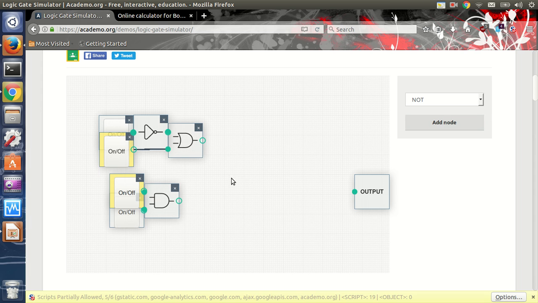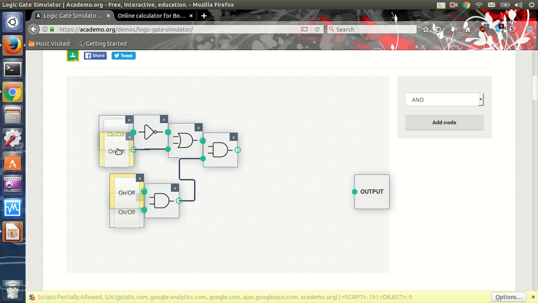Okay, connected it. And this is X naught or Y. And this is X and Y. And we had them ANDed together.